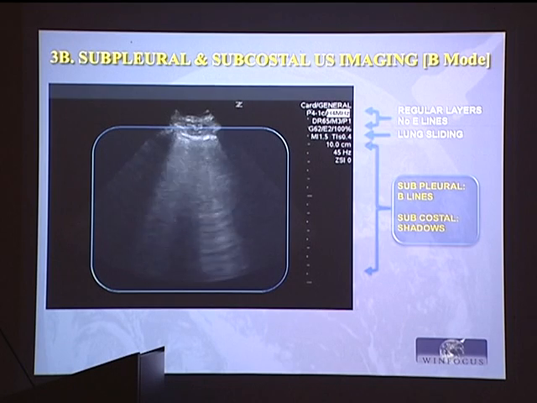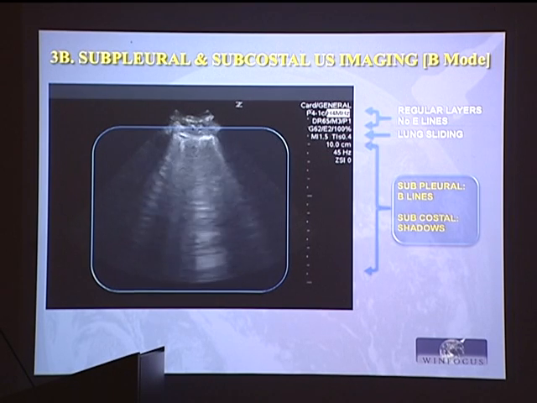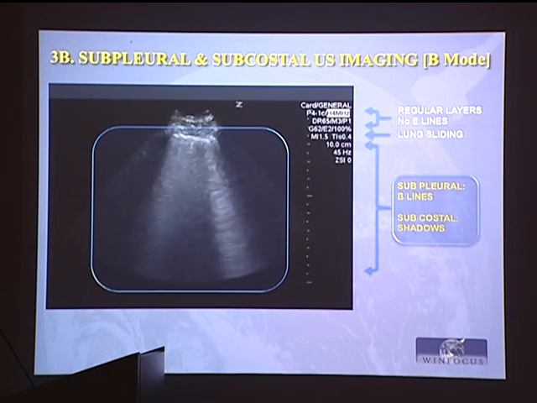So these are lines coming from the reverberation of the ultrasound waves within the thickened septa or within the alveoli, thanks to the presence of extravascular water, more than physiologically present, or a diminished presence of air. So whatever the pathology that is reducing the air, like disventilation, or increasing the extravascular water, like a pulmonary edema, you will have B lines.